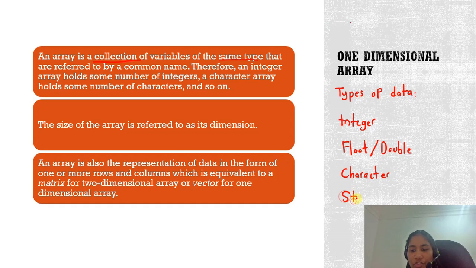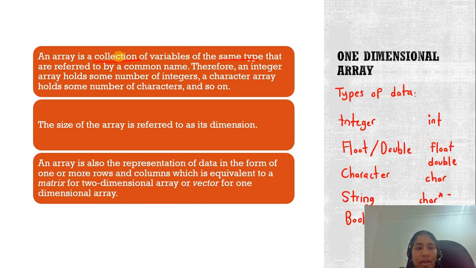You can also have string, and you can have boolean expression. So integer is int, for float you can use float, or you can also use double, char for character, string is char with a star here, and boolean is bool. So these are the types of data, right?